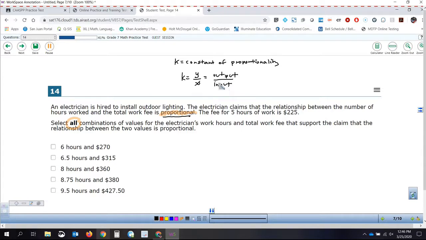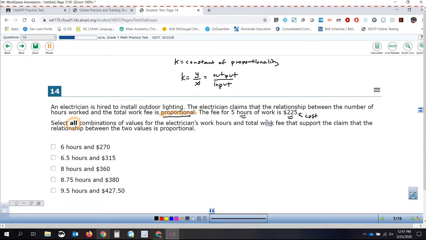Well, y represents an output and x represents an input. And so the question we have to ask ourselves is, we have hours and we have cost, right? The question I want to ask you is, does the number of hours he works depend on the cost, or does the cost depend on the number of hours of work?